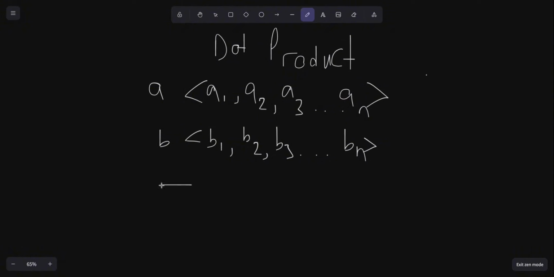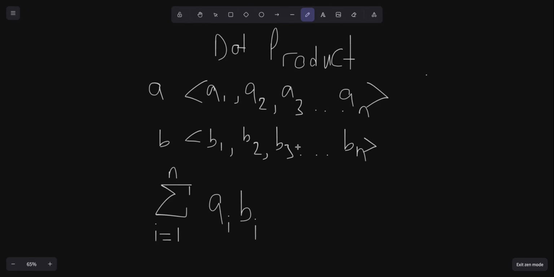The dot product is basically defined as the sum from i equals 1 up to n, the nth dimension, where you multiply out these two terms and sum it all up together. That's the dot product.